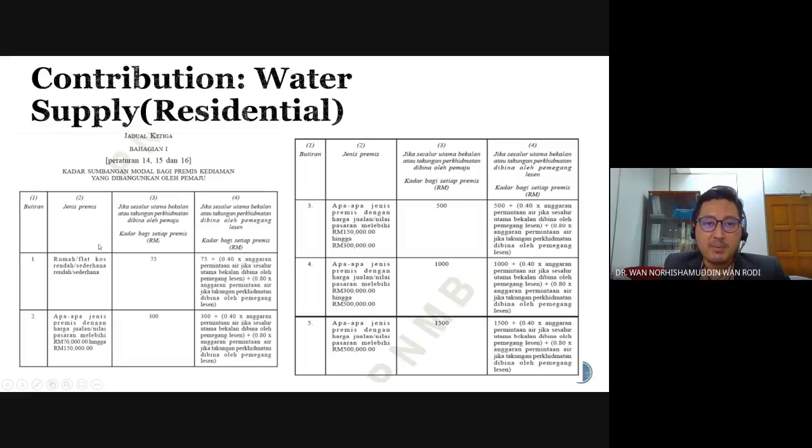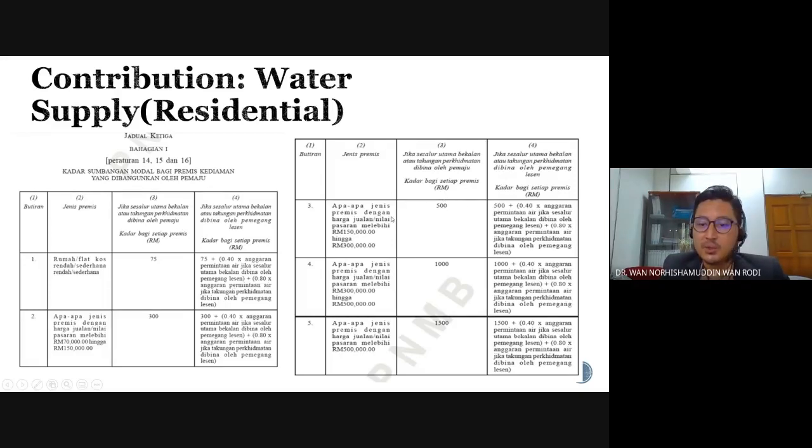These are the types of property, and you have to pay based on the type of project. Rumah flat kos rendah, sederhana rendah, sederhana, you have to pay around 75 ringgit per unit. All of these costs are based on a per unit basis.